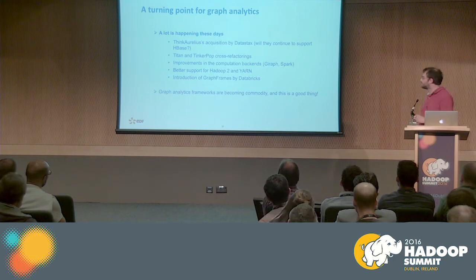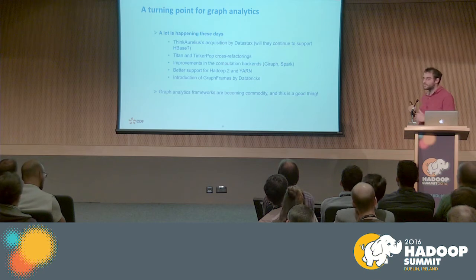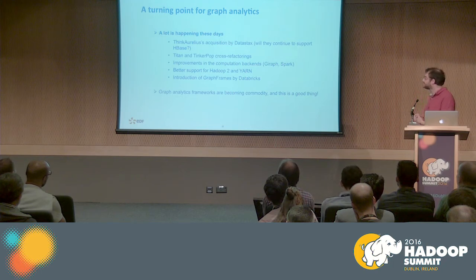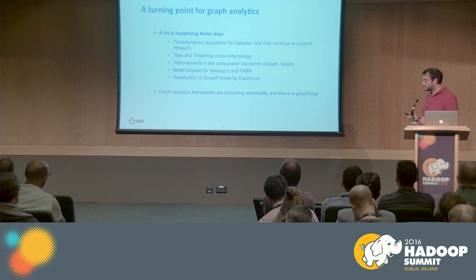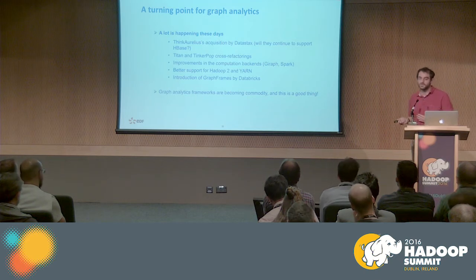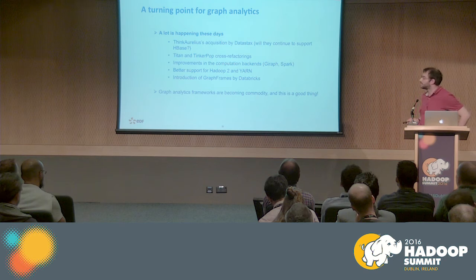There is improvement in the computation backends, more support for Giraph, etc., and for YARN, but it introduces another layer of instability, unfortunately. And GraphFrames, which is the new challenger in the picture, and we don't know yet if GraphX is doomed or if it will continue to improve. We don't know. But the bottom line is that graph analytics are becoming a commodity. As you can see, if you know Groovy and you learn it very quickly, you can start projects very quickly, and this is a good thing.